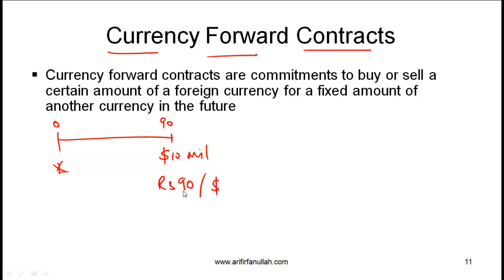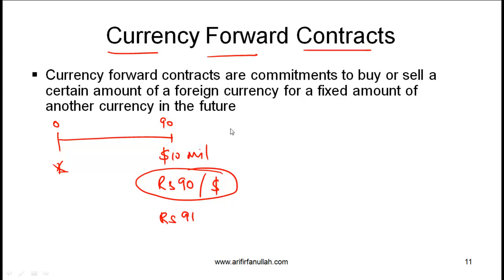So you have hedged your risk by essentially fixing the rates that you will pay. So on day 90, if the dollar is more expensive, so on day 90 if the dollar is worth rupees 91, you have hedged your risk because you will still pay 90 rupees per dollar even though the going exchange rate on this date is more.